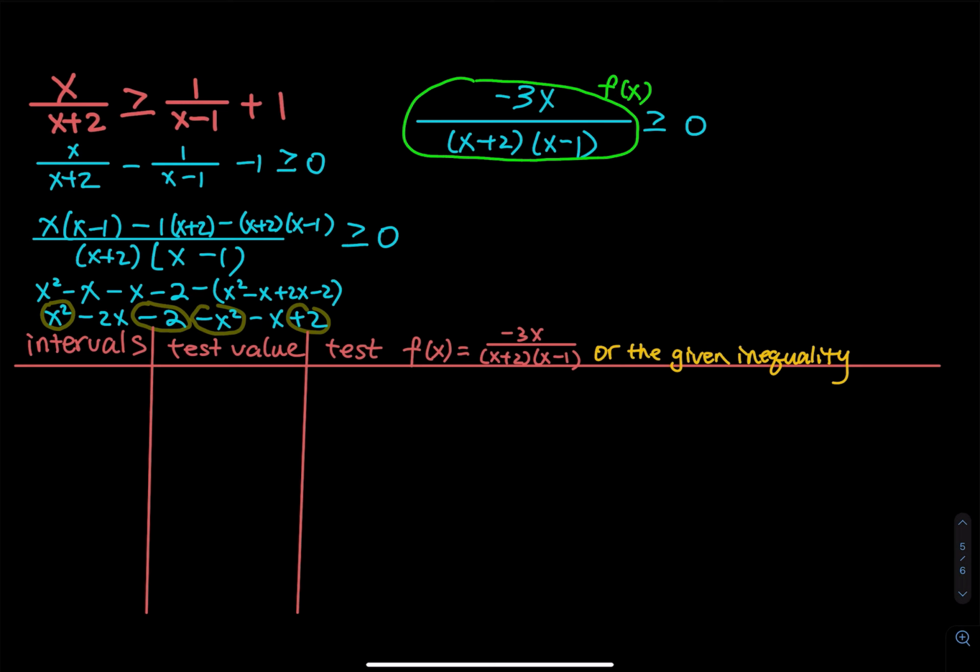So you have to take care of negative 3x equals 0, x plus 2 equals 0, and x minus 1 equals 0. So the key numbers are x equals 0, x equals negative 2, and x equals 1. They are my key numbers.